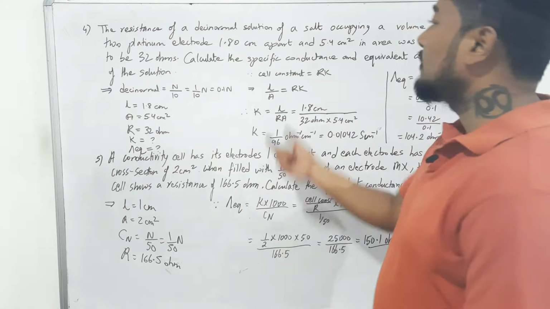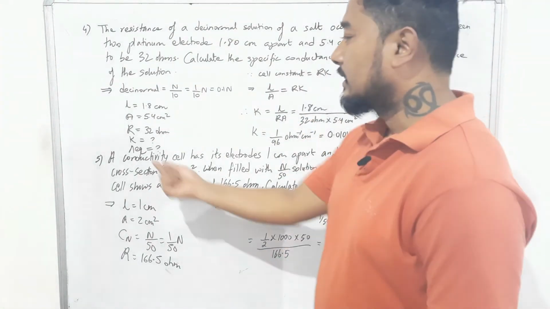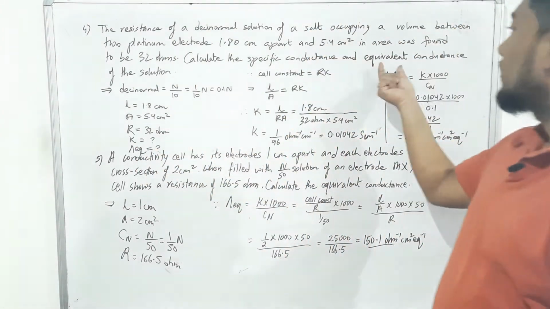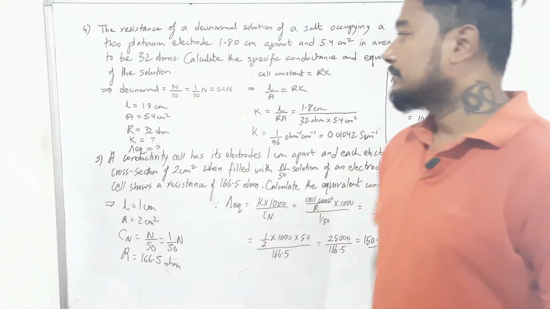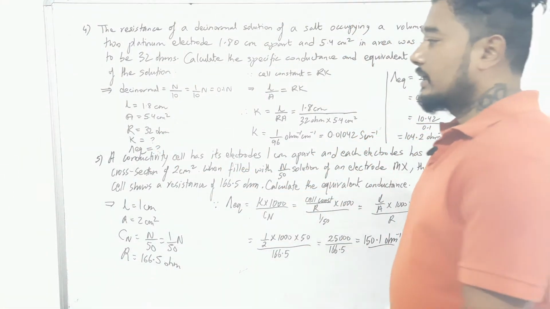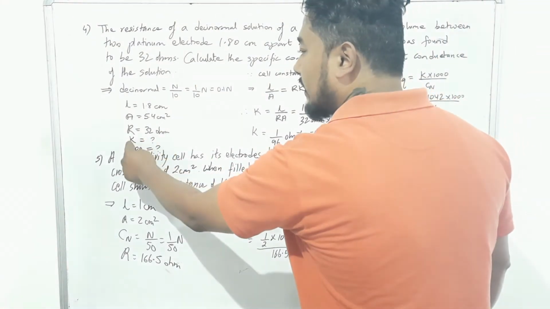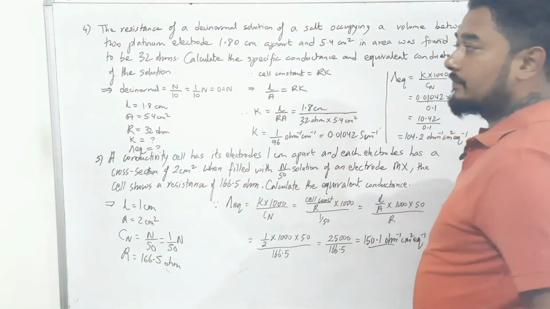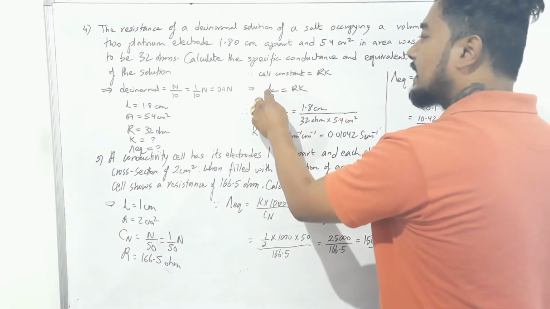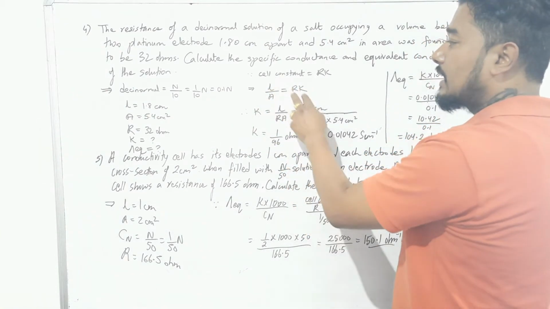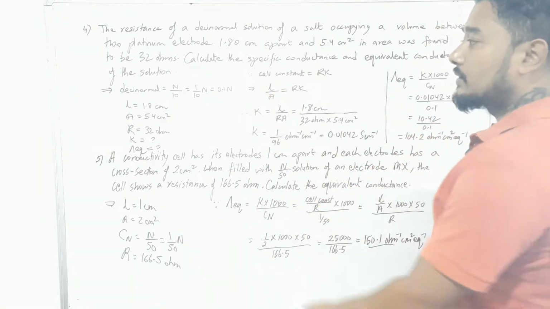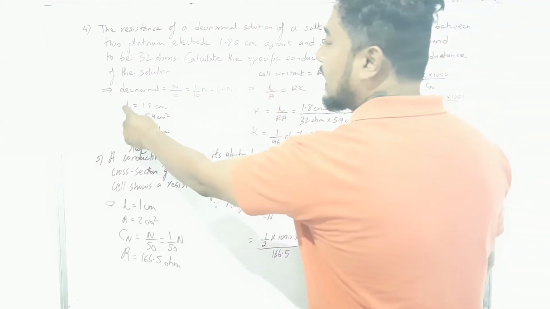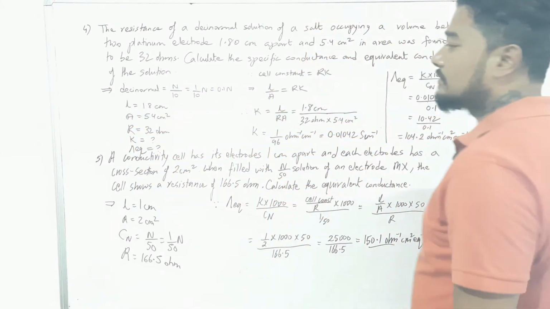Now the question is asking you to find specific conductance, that is kappa, and equivalent conductance, that is lambda eq. Now R is given, so we can use the formula of cell constant. You know that cell constant means R kappa, and cell constant again means L by A. So cell constant is R kappa equal to L by A. Why am I replacing cell constant with L by A? Because L and A are also given, R is also given, students.